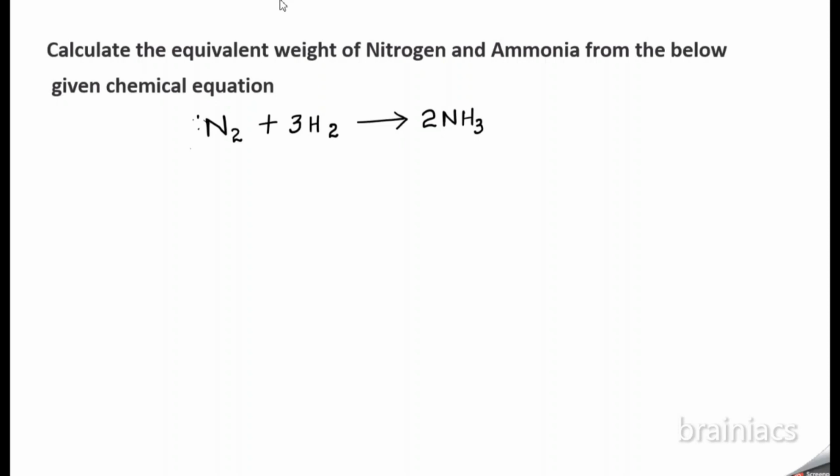So we will say equivalent weight of a substance. What is basically the equivalent weight of an element?